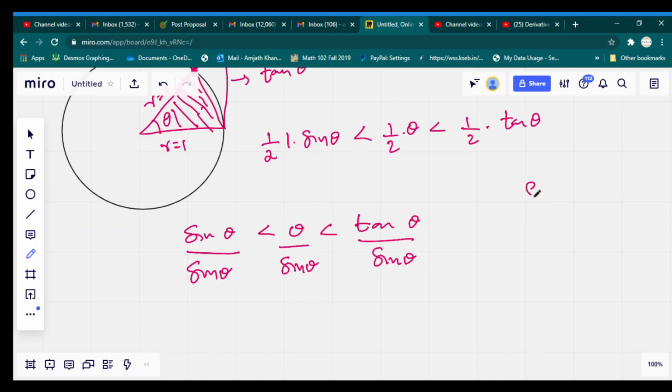Let's remind you that sine theta over cosine theta equals tangent theta, so tangent theta over sine theta is 1 over cosine theta. So 1 is less than theta over sine theta, which is less than 1 over cosine theta.